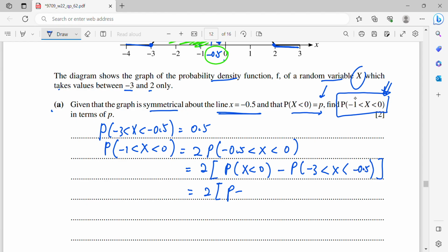So I will write minus 0.5. Now when you do expansion, it will be 2p minus 1. So that is the probability for x between -1 and 0.